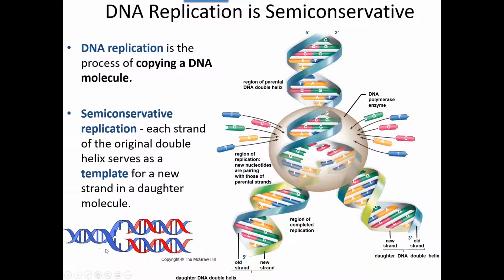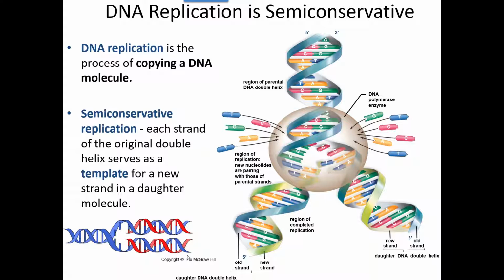We can separate out those two blue strands that make up our original model, and then each strand becomes a template to make a copy for the other strand. So we have our one original molecule, and at the end of DNA replication, we have two, but each of those DNA molecules still has half of that original. So that's what's considered semi-conservative replication.